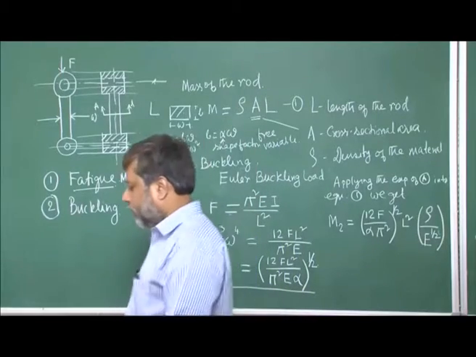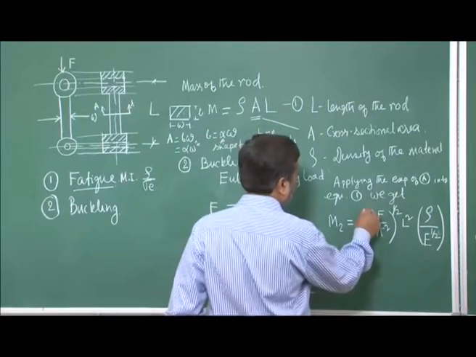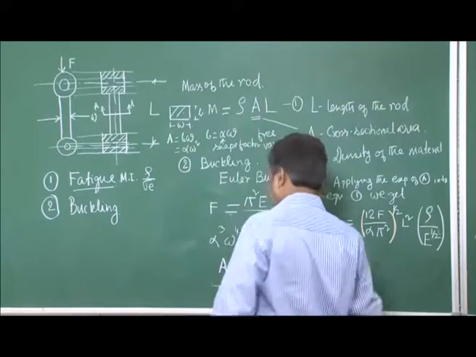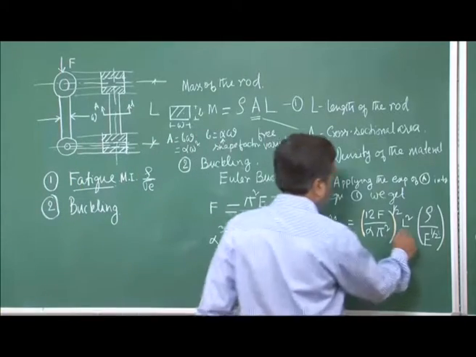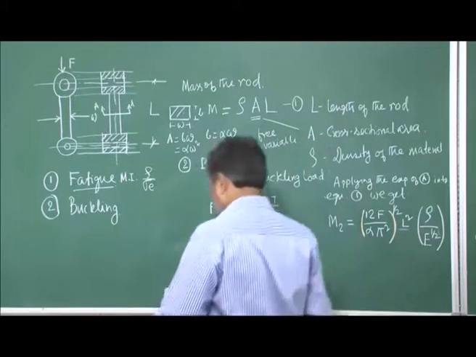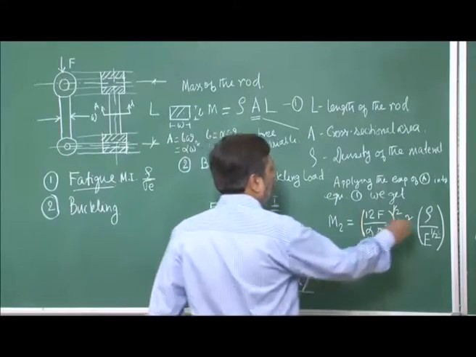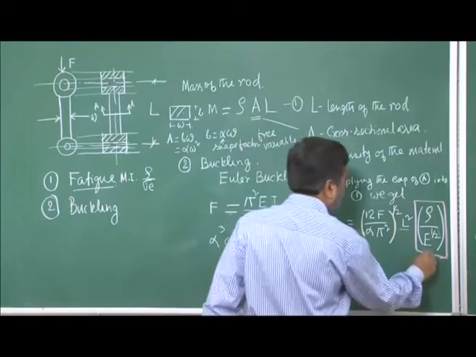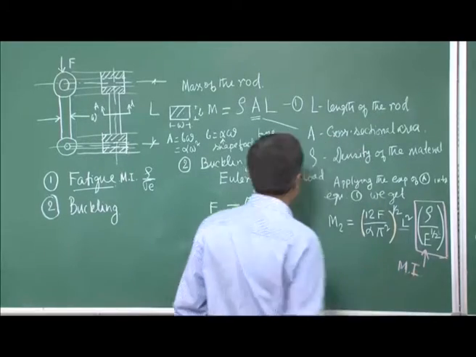So we have divided our system into 3 different parts. In this case, this is the functional part, and then of course the constants are also here, and then we have the geometry part, and the last part is the material property index, that is rho over square root of E. That is our material property index, Mi.